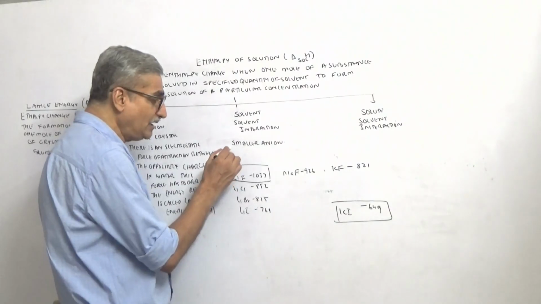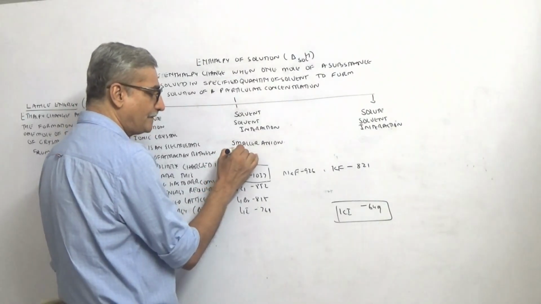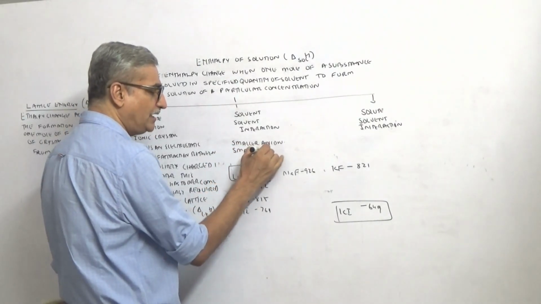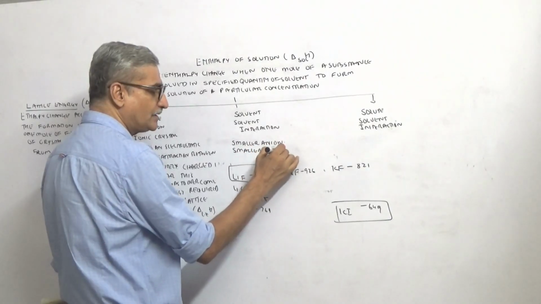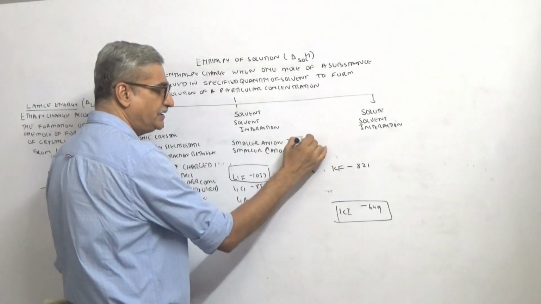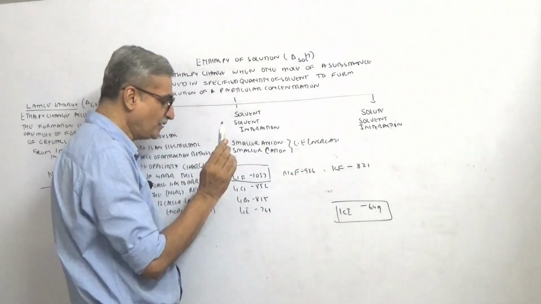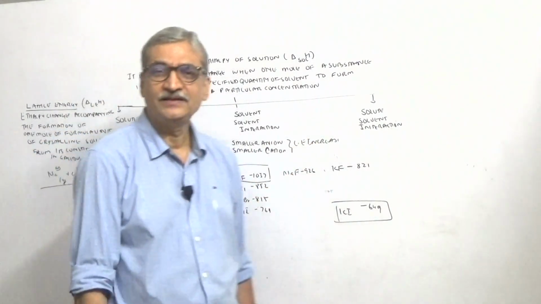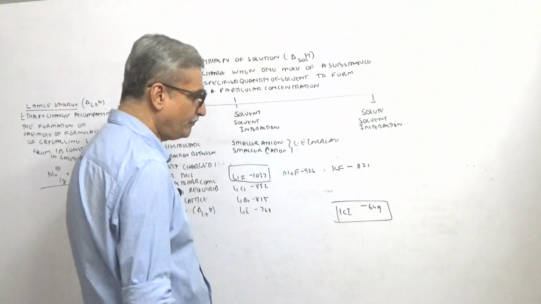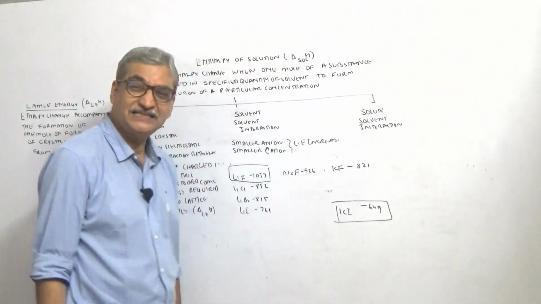So smaller cation and smaller anion, lattice energy increases. That's why lithium fluoride has the maximum lattice energy and potassium iodide, largest cation.